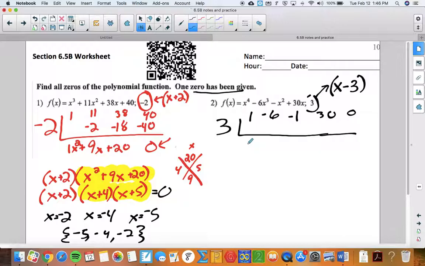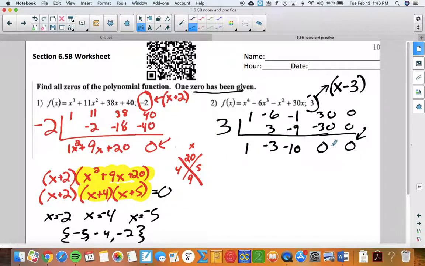So drop your 1 down, multiply, add, multiply, add, multiply, add, multiply, add. Good. What's good is that my remainder is 0, which means that 3 truly is a 0, or a solution to that.